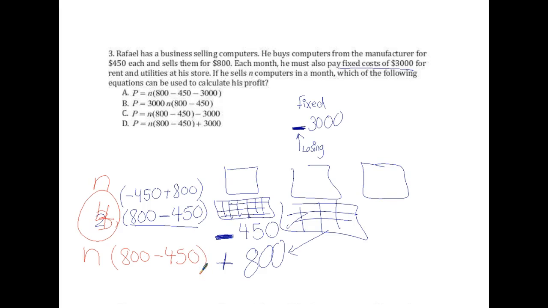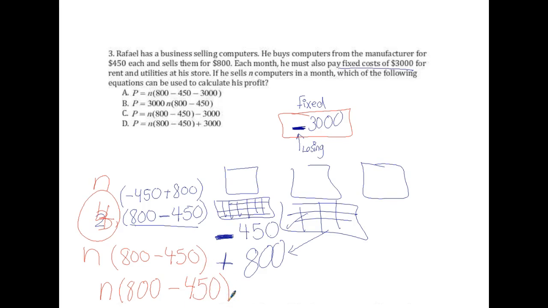Then we have to remember that he's always losing the $3,000 no matter what. So it should be the number of computers times the $800 he gets from the customer minus the $450 he spent to buy the computer.